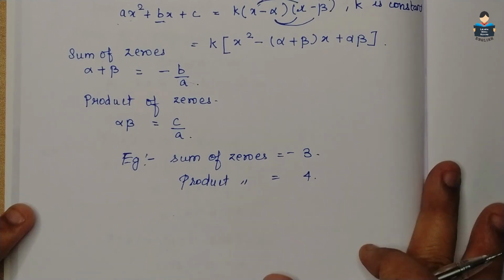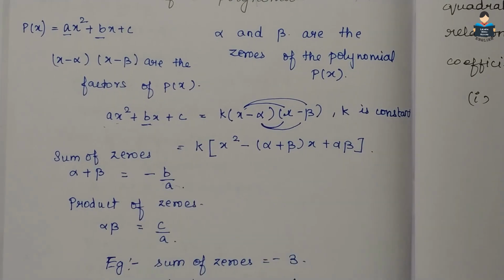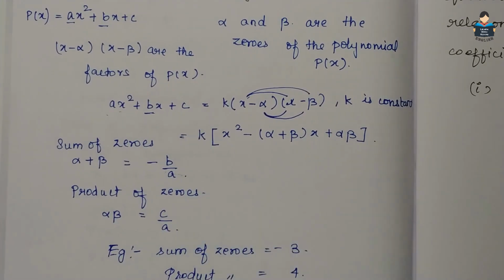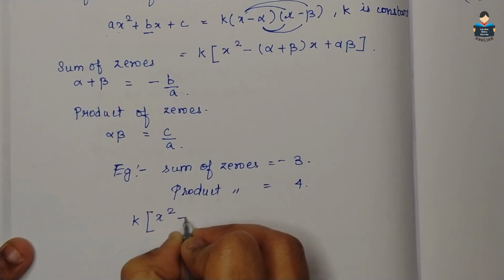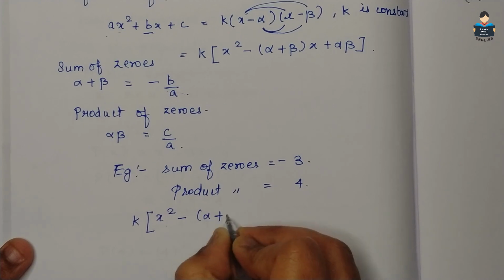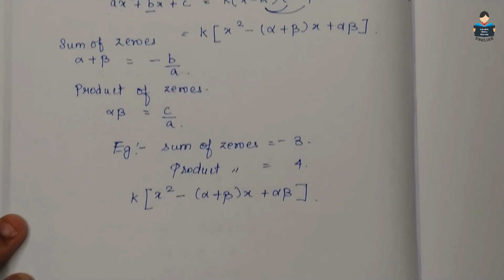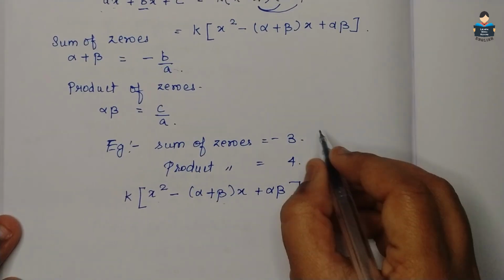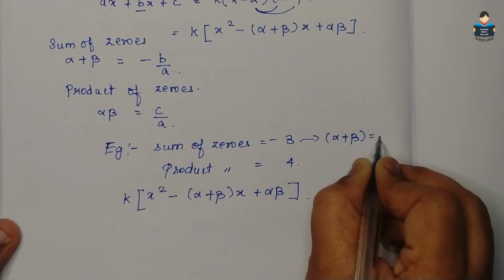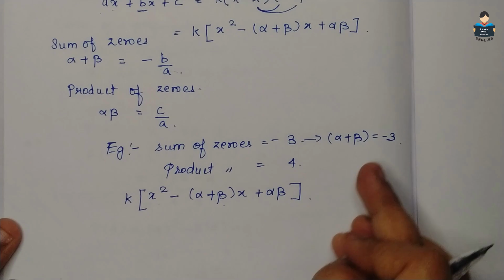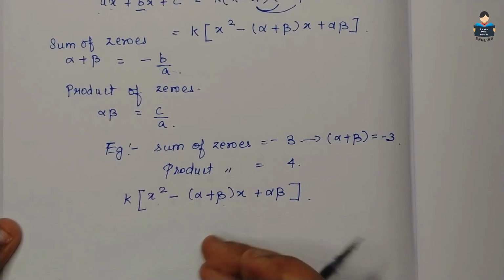So at that time I can use this equation. I will apply k into x square minus alpha plus beta into x plus alpha into beta. The sum of the zeros, alpha plus beta, is equal to minus 3, so I need to put minus 3 in place of alpha plus beta.